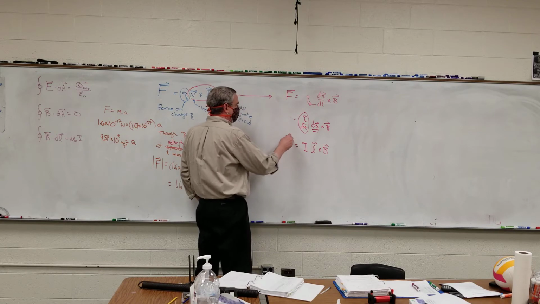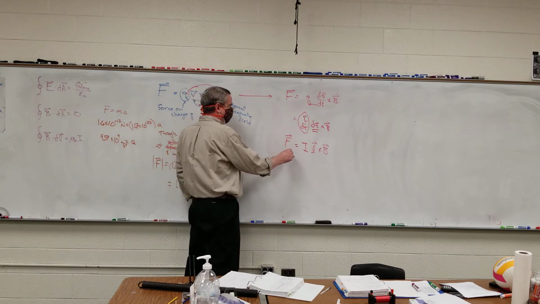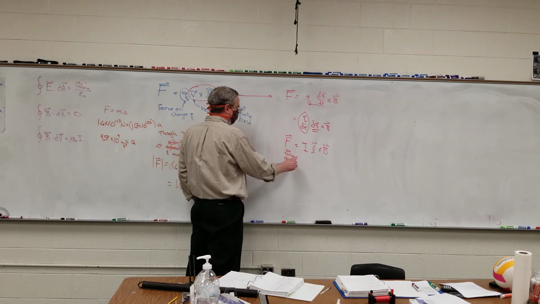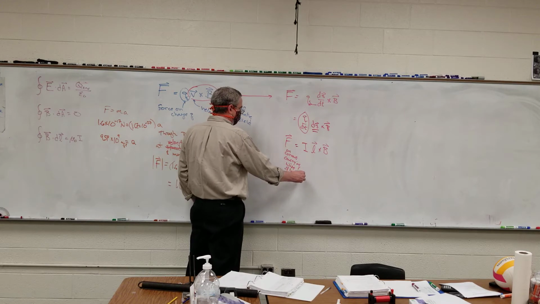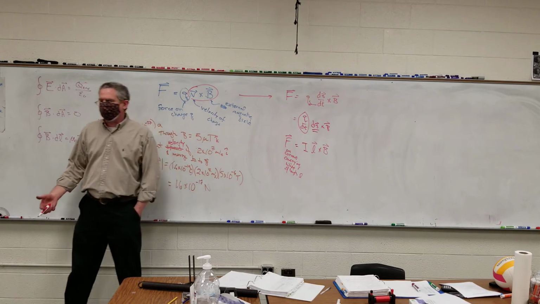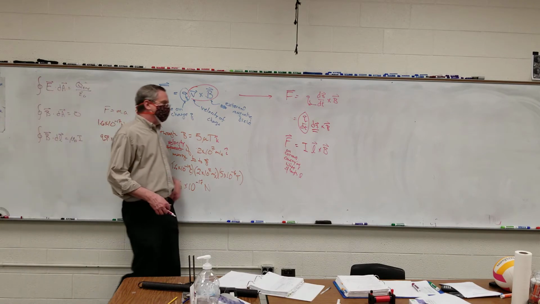And so this is the force on a current carrying wire of length L. I write that and then I'm thinking, well, really I should be putting more words on here, which is not my original intent.